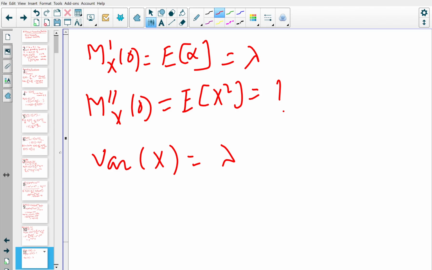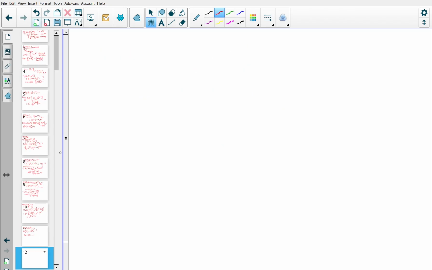Okay, so now coming to the continuous case. For a continuous random variable, can we do it? The answer is yes, we can also do it. So let us start with this example, the exponential random variable, which you already learned in the class.